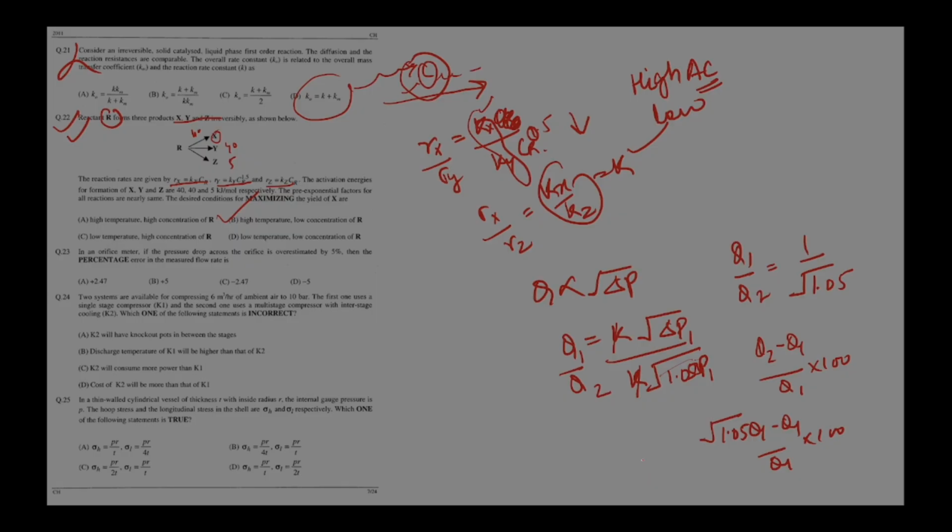So root 1.05 is about 1.02. Okay, so 1.02 minus 1 upon 1 into 100. 0.469 we have to consider. So 2.47%. Okay. Then leave this.